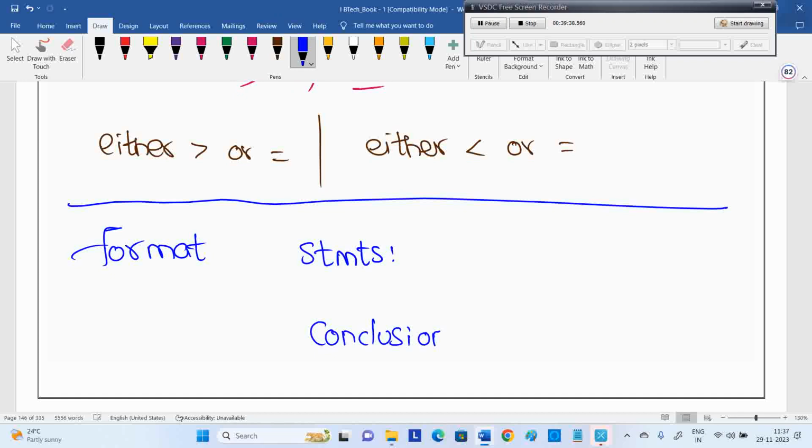Statement is there, conclusion is there. Both are there in the given question. Question itself has a statement as well as a conclusion. And your job is using the statements they have given, you have to decide whether the given conclusion is true or not.